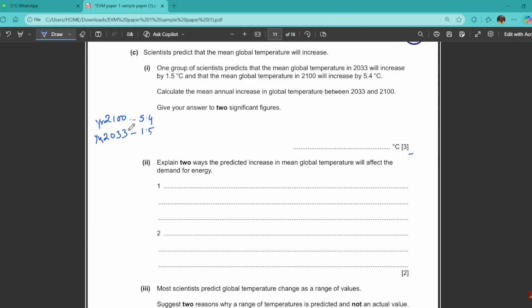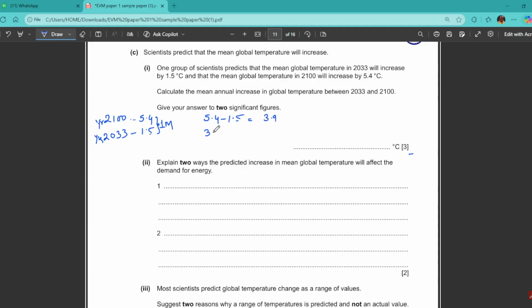How? I'll tell you. Once you mention this one, this is your 1 mark. Second step is 5.4 minus 1.5 calculation. Then you get how much? 3.9.